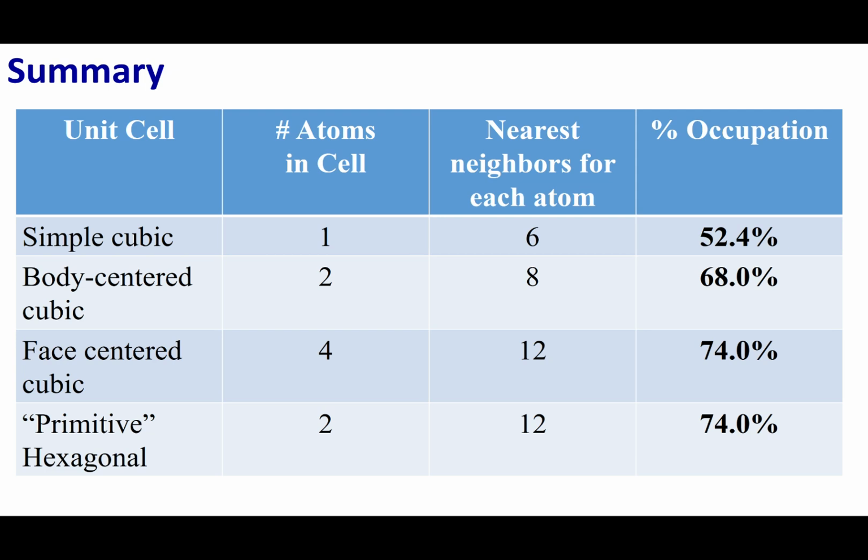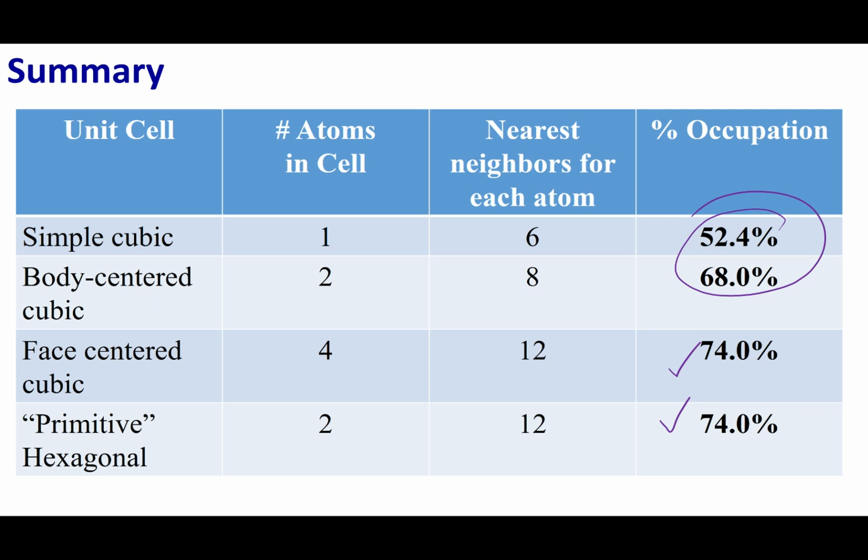That is the unit cells that are face-centered and the primitive hexagonal. The atoms make up 74% of the space in there, and there's only about 26% of empty space. The 2 other unit cells, the body-centered and the simple cubic, you'll note they are a lot emptier than the closest packed structure.